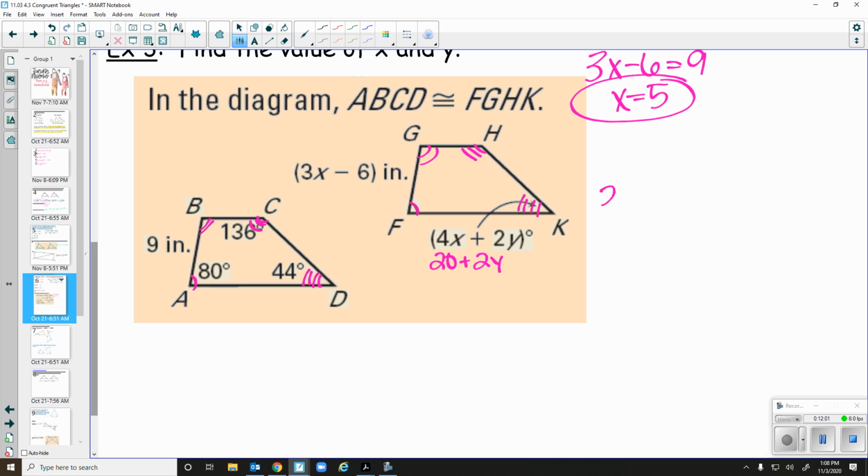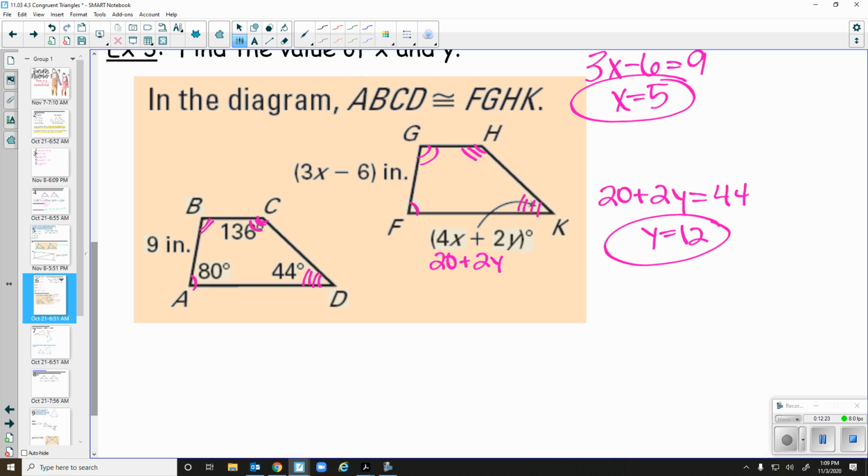So then 20 plus 2y equals 44. So then 2y equals 24 and y is 12. Yes? Good? Questions? Nope. Okay.